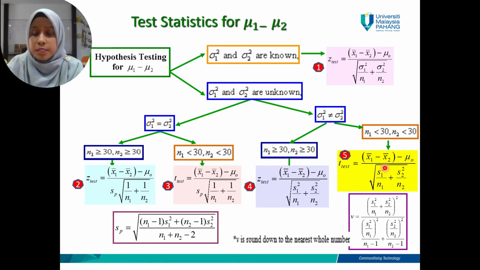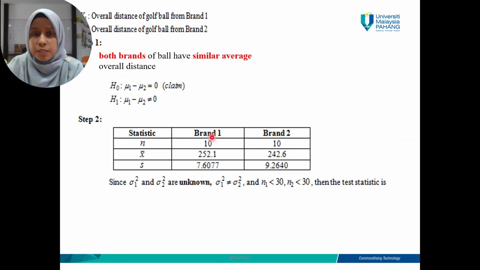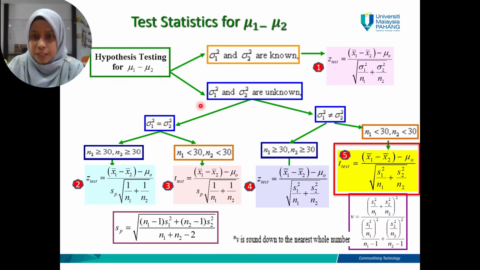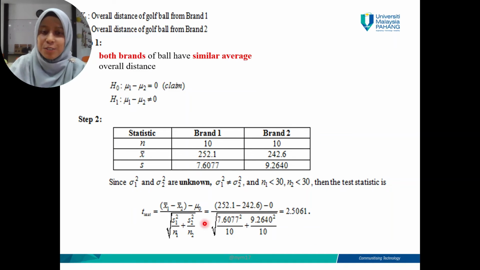Just use this formula to substitute the calculated sample mean, the sample standard deviation, and also the sample size. So mu naught here is the hypothesized mean difference. What is our hypothesized mean difference here, class? It is 0, because 0 is the number that appears in your first step. So calculate and you get the value.